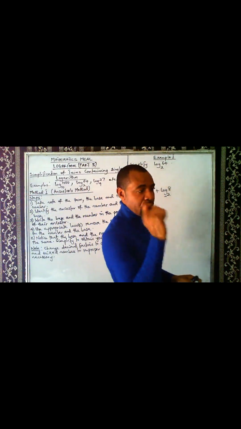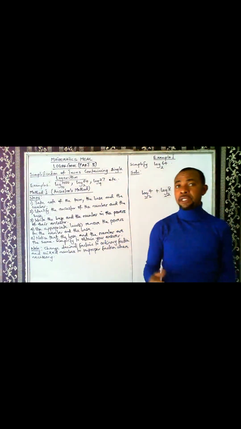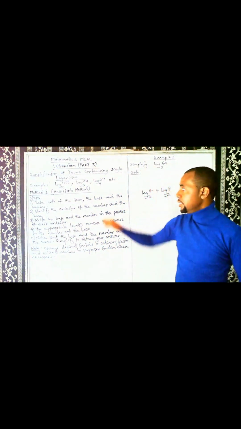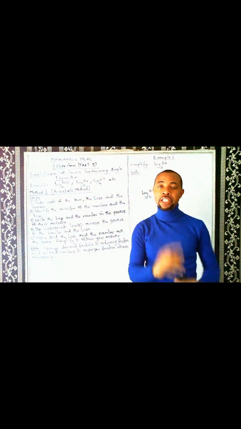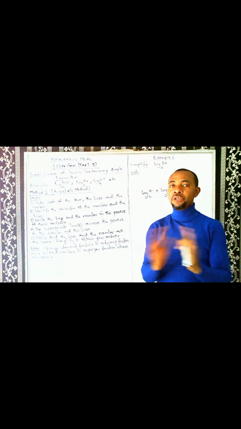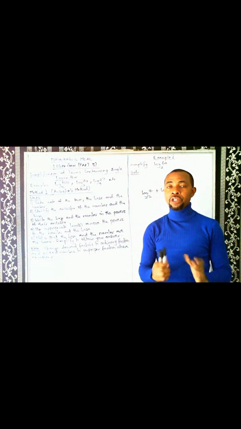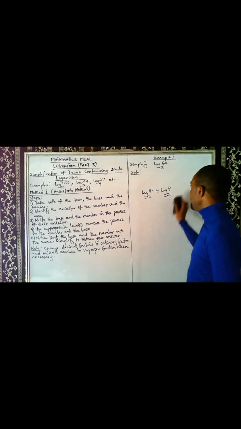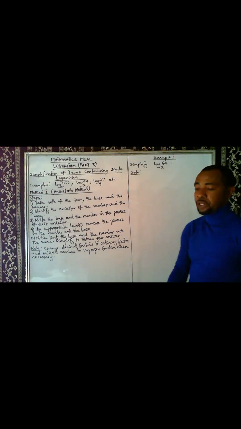So when you have a term that contains single logarithm, how do you simplify it? That's the ancestors method or the index method. But in this video, our interest will be on the ancestors method.